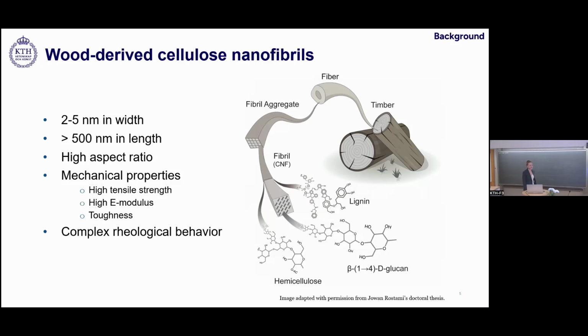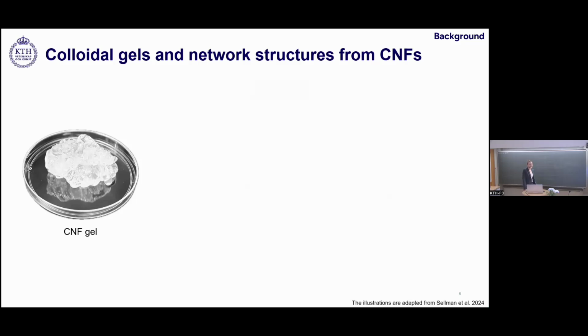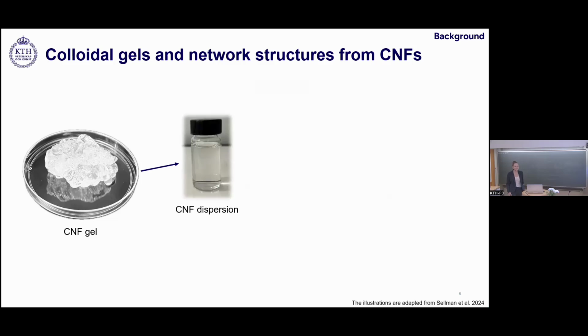This means that we will have particles with high aspect ratio, and the aspect ratio is the length divided by the width. And we will also have particles with good mechanical properties. And maybe the most important property for this work is actually that these materials exhibit complex rheological behavior already at low particle concentrations. So when we have our cellulose nanofibrils, we can actually disperse them in water and create colloidally stable CNF dispersions that are transparent.